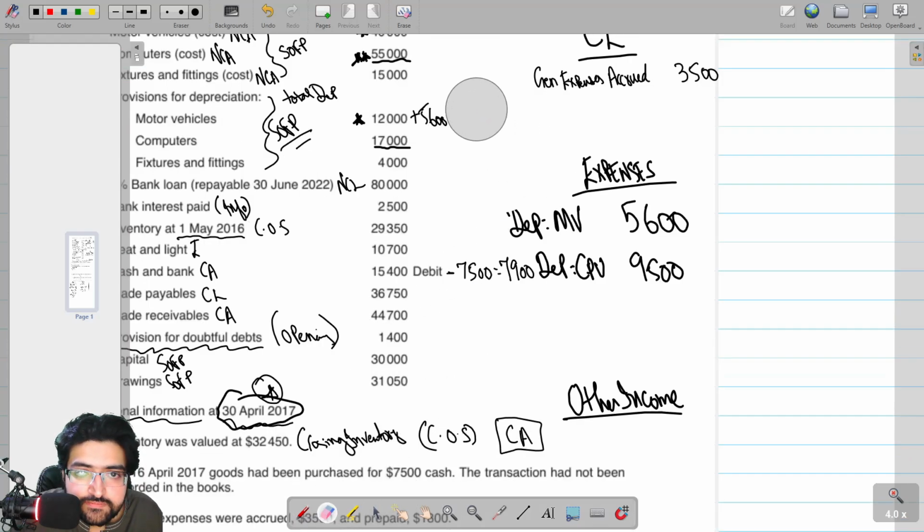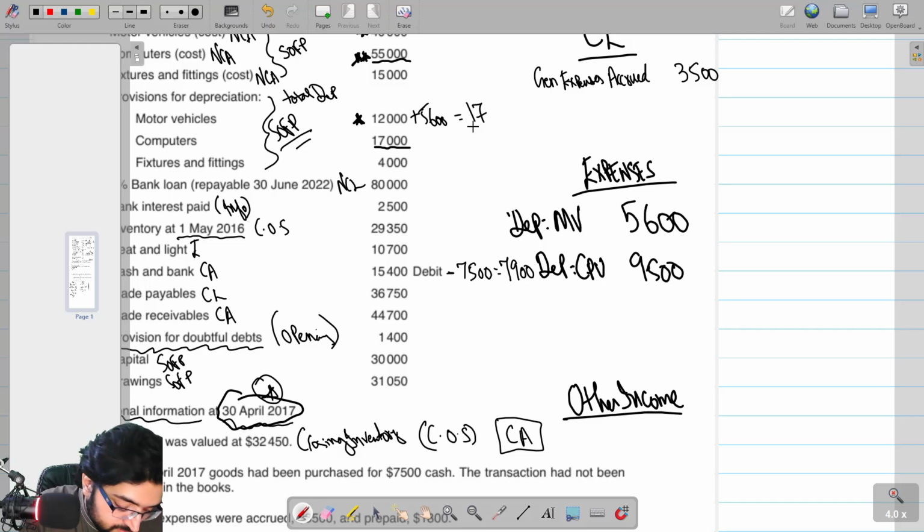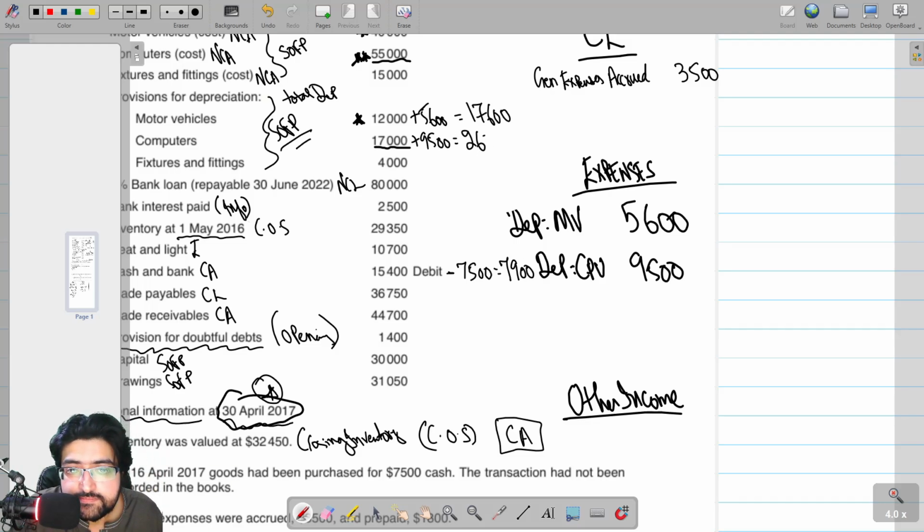Let me rewrite this. Okay, add 9,500 to computers depreciation. 17,000 plus 9,500, 26,500. This was the depreciation before this year. This is the depreciation during this year. Adding both gives us total depreciation till now.